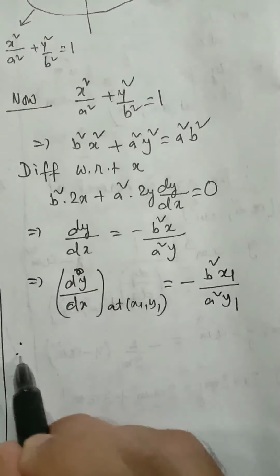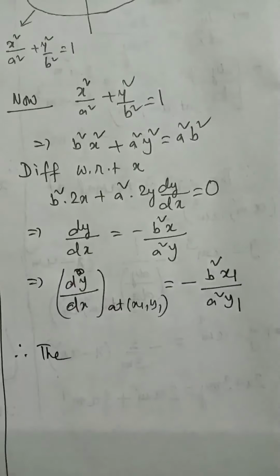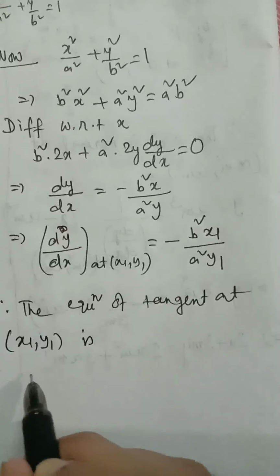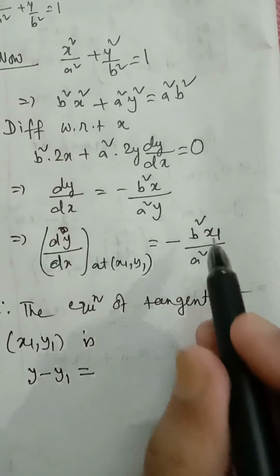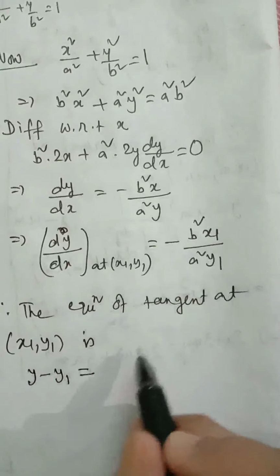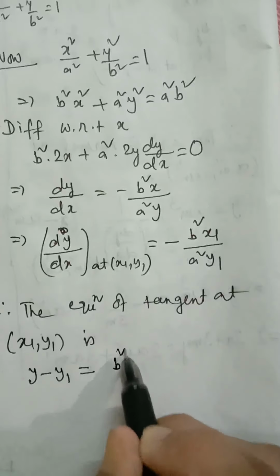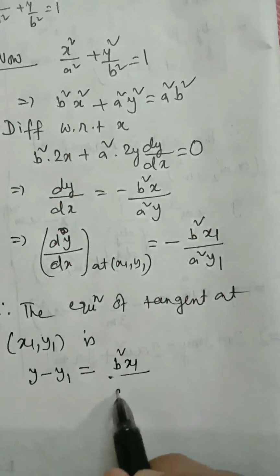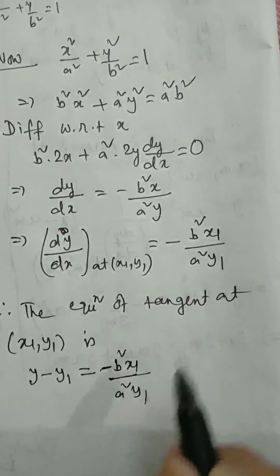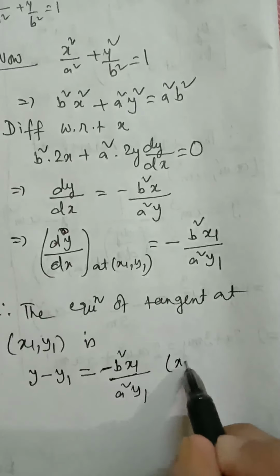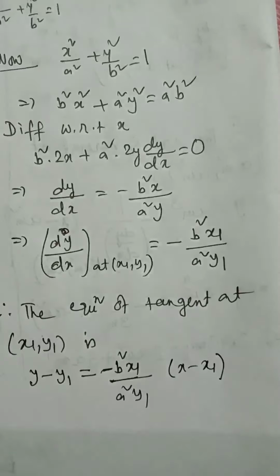The equation of tangent at (x1, y1) is y minus y1 equal to dy by dx at (x1, y1), which is this. So it will be minus of b square x1 by a square y1 into x minus x1.